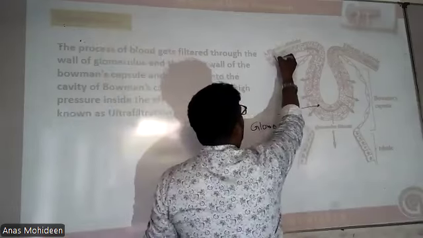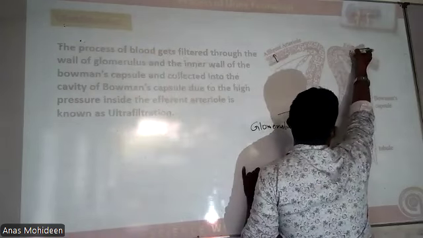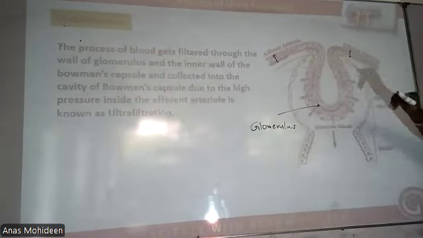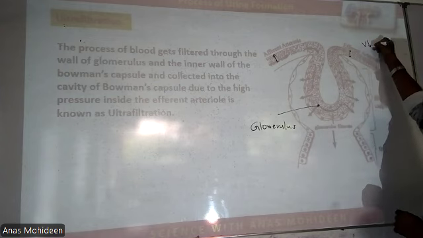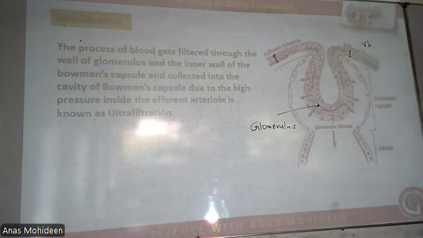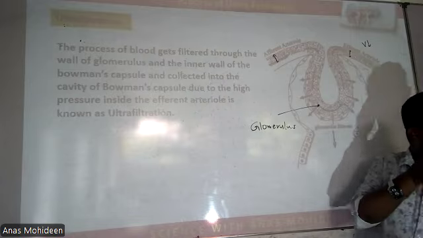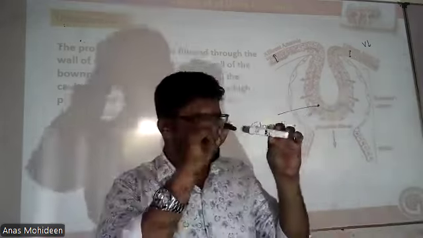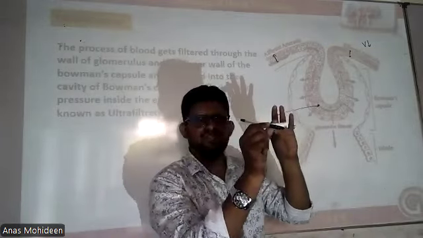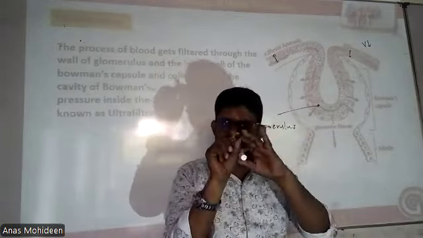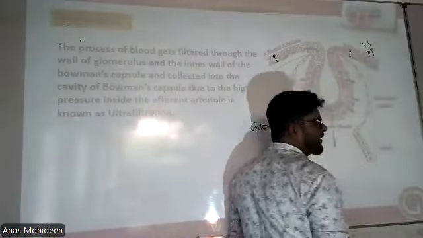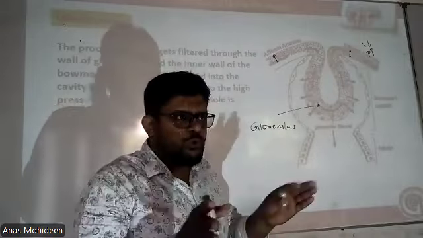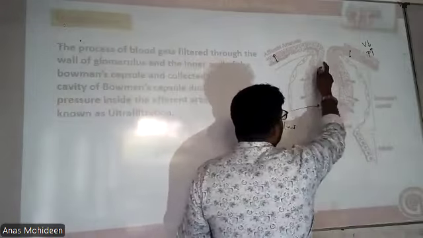Now, the afferent arteriole has more diameter than the efferent arteriole. The efferent has a smaller diameter tube, like a pen and a marker. So the volume is less here, and as the volume is less, pressure would be high.